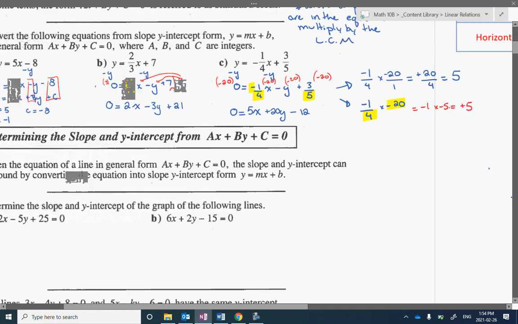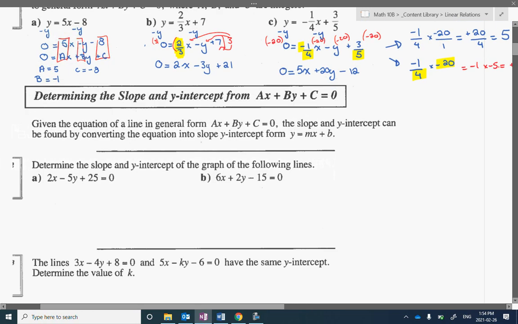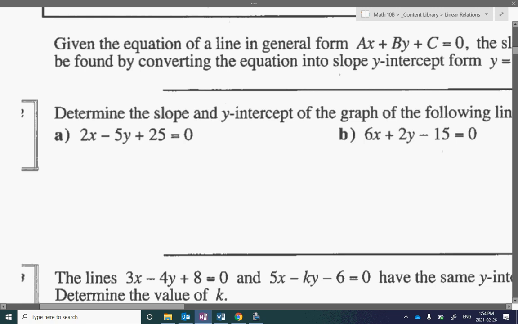Okay, on the next question, we're given general form, and we want to find our slope and our intercept. So whenever it says that, that means we're just putting it into slope intercept form, my apologies, which means we're going to solve for y.